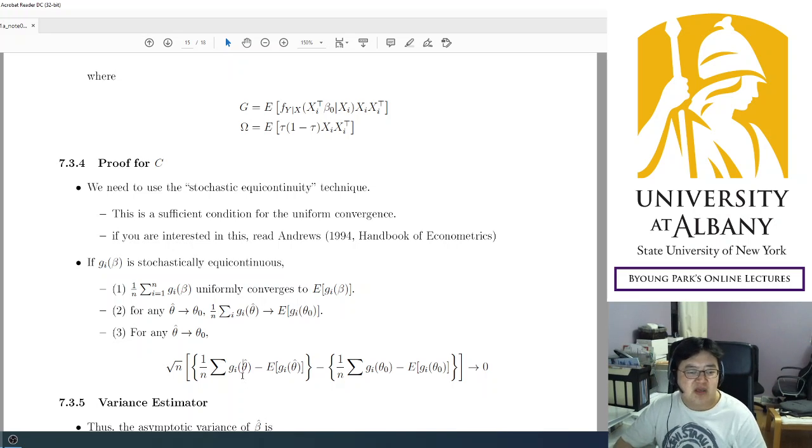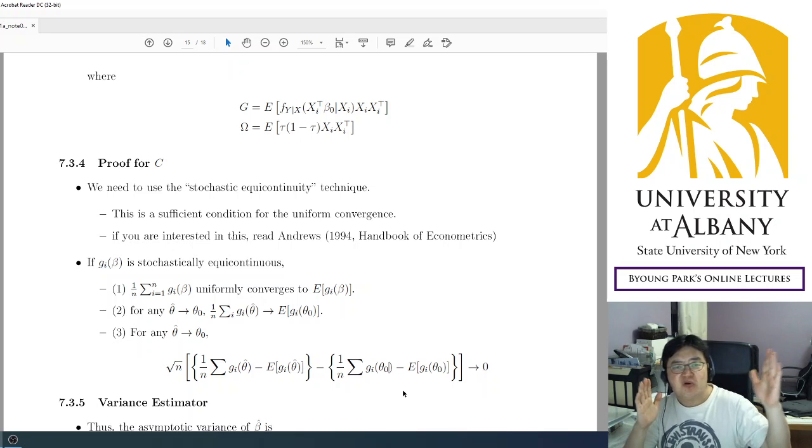I will call this difference the convergence error. Also, this difference is a convergence error. The difference between these two is that this one is evaluated at theta hat and this one is evaluated at theta 0. So the convergence errors are evaluated at two different points, theta hat and theta 0.